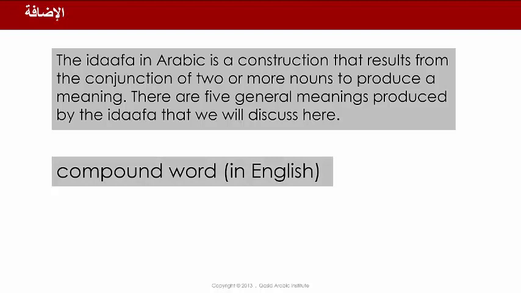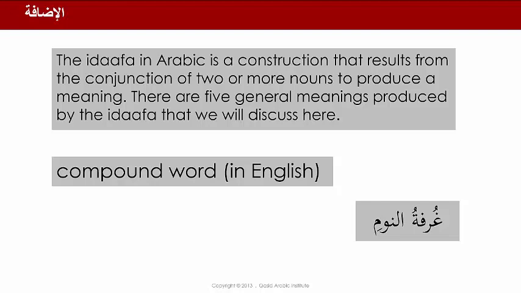Another type of phrase is a compound word in English, which is translated as an Idaafa in Arabic. Ghurfatun nawm, bedroom. Notice that in the word bedroom, bed and room are both nouns. But when we conjunct them, then we have a compound word in English.